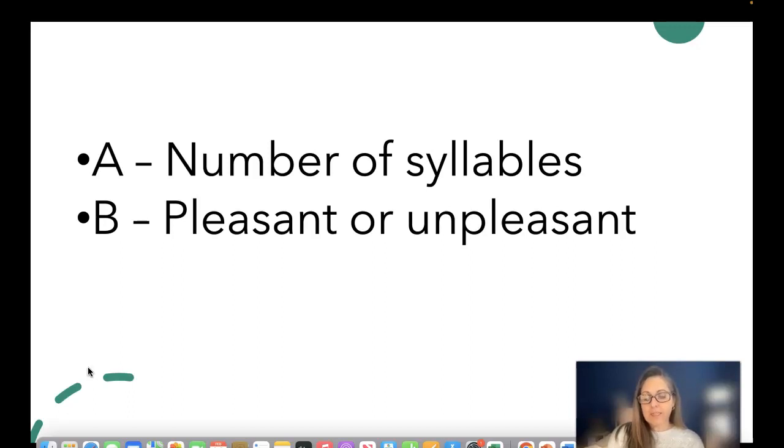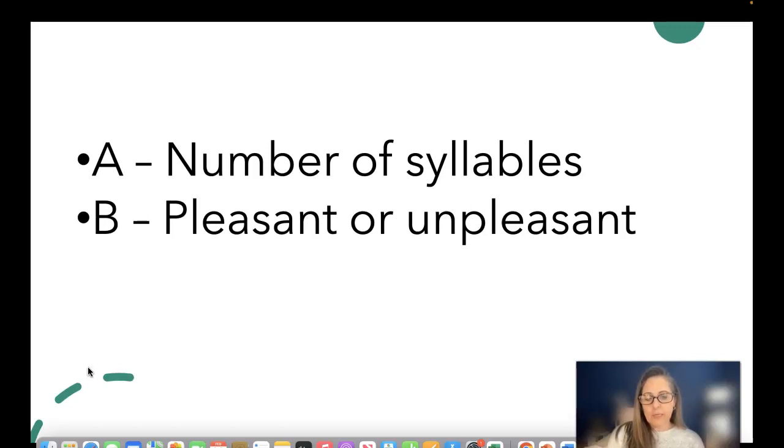Number 17, A, grass. Number 18, A, story. Number 19, B, belt. Number 20, A, kitchen. Number 21, B, trunk. Number 22, A, coal.